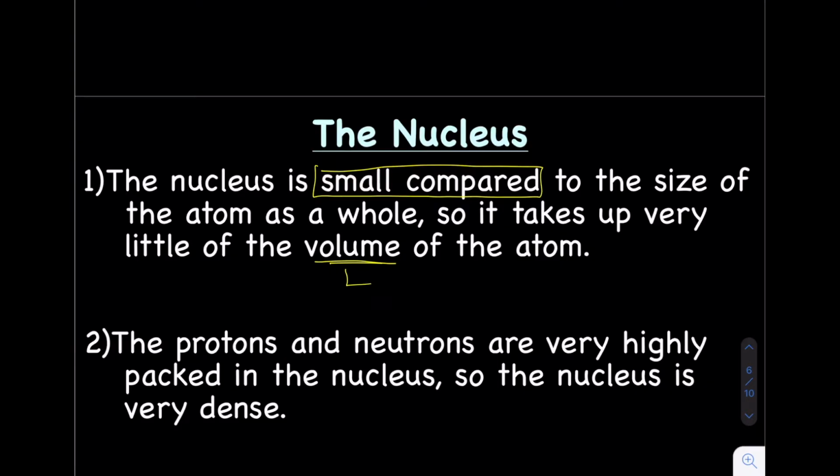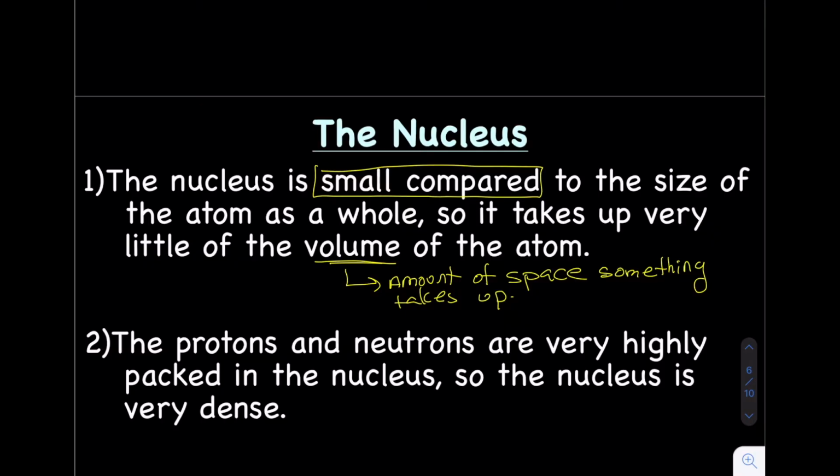The definition of a volume is the amount of space something takes up. Okay, so the nucleus is really small compared to the size of an atom as a whole. So it takes up very little of the volume of an atom.